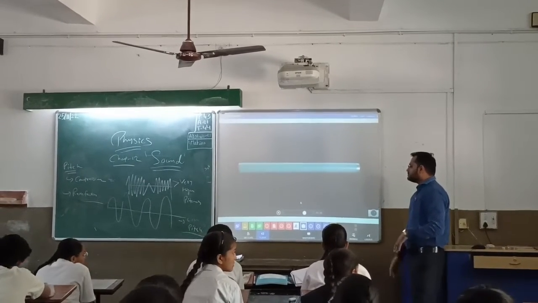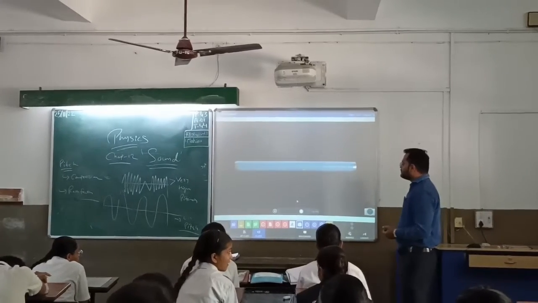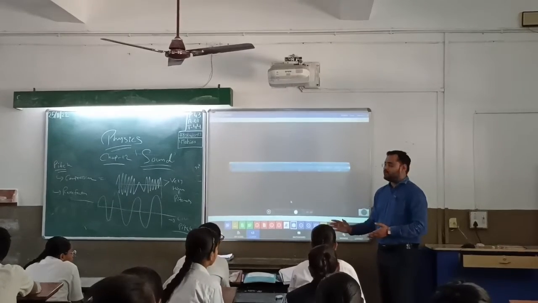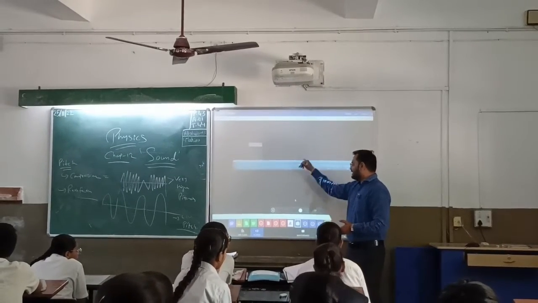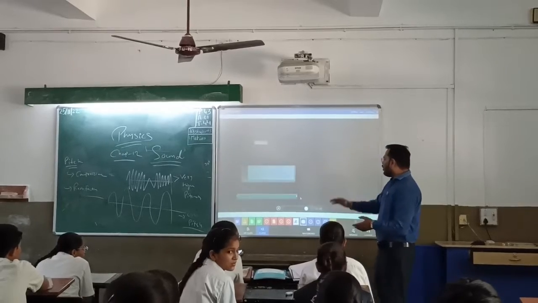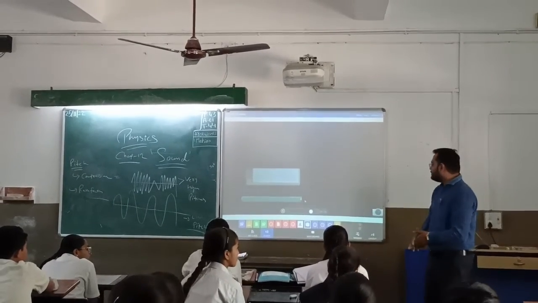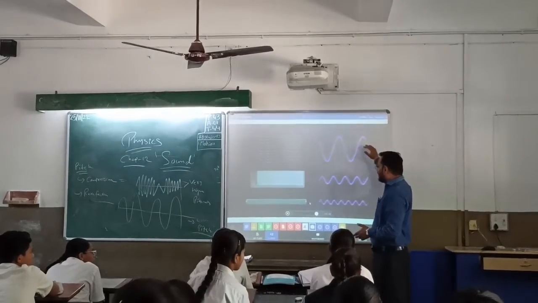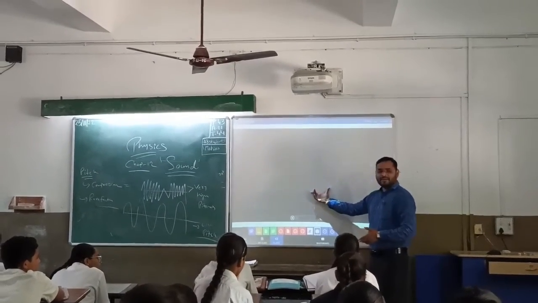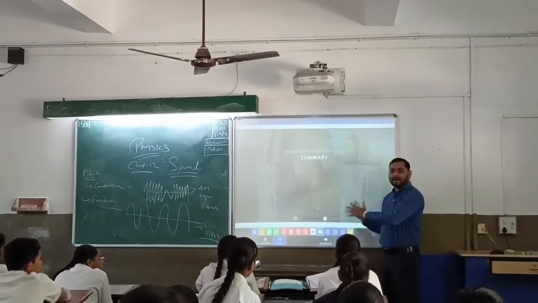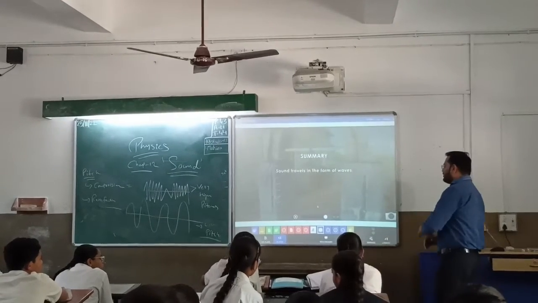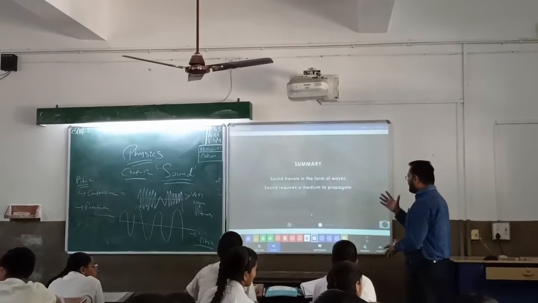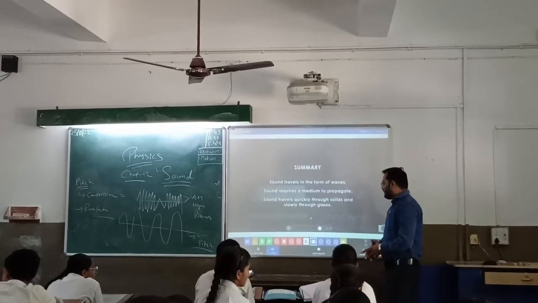Propagation of the sound from one medium to another medium, air medium to liquid medium. Sound will travel in slow waves, and different gases have different sound waves. This one is part of the temperature. Propagation of sound: sound travels in the form of waves. So, very well, that requires a medium to propagate, not a vacuum.